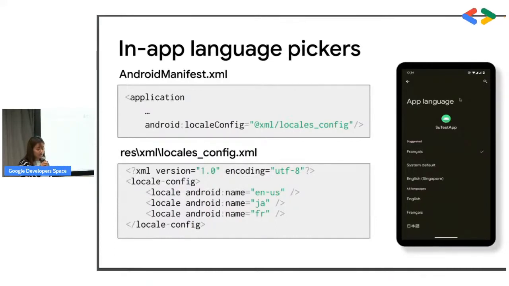To get multiple languages to appear like in this picture, you can simply create the locale config file and list down the languages you want to support for your app. Then simply reference the locale config in your manifest file. After deployment, it will appear and the user can select it just for your app.